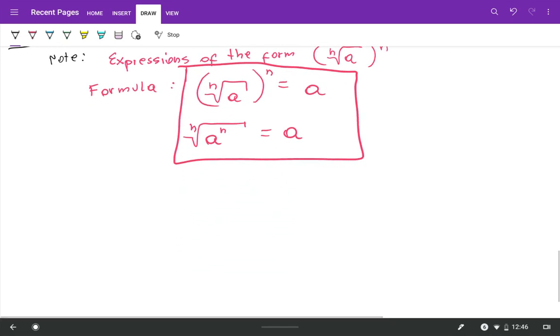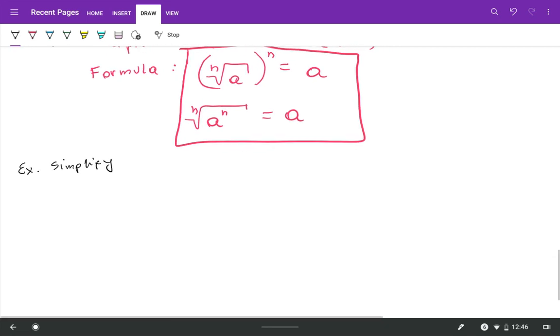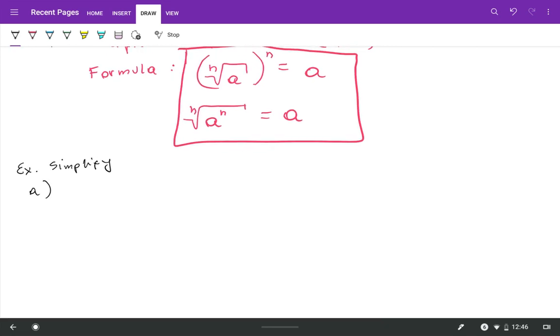So an example. Simplify. We have a square root of 14, and everything is brought to the power of 2. So we know that the index of a square root is 2.